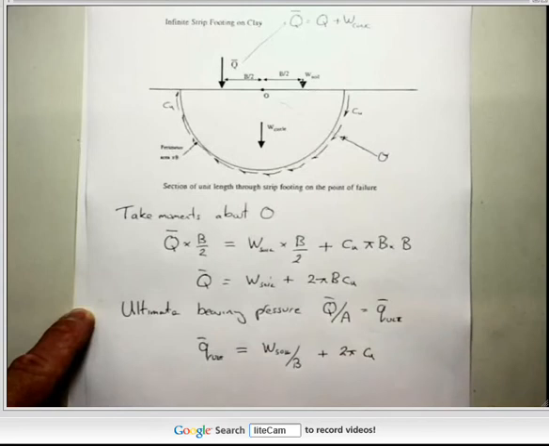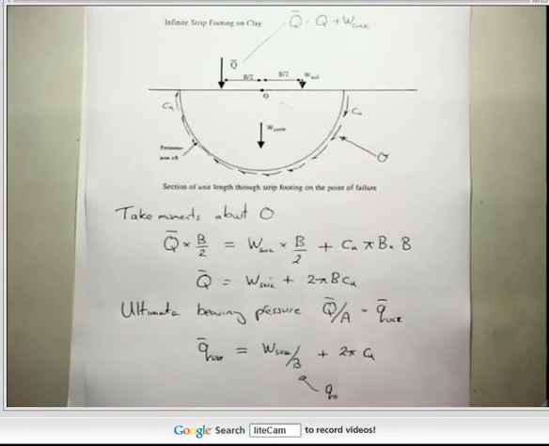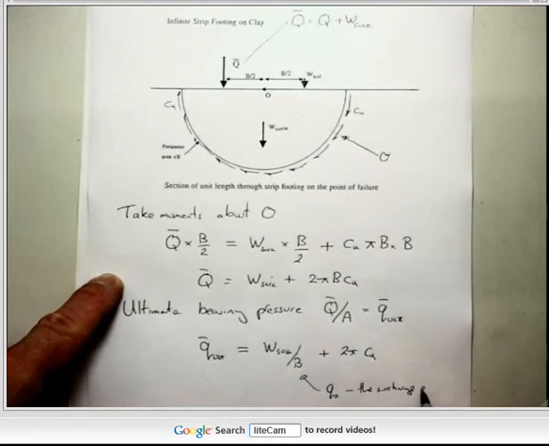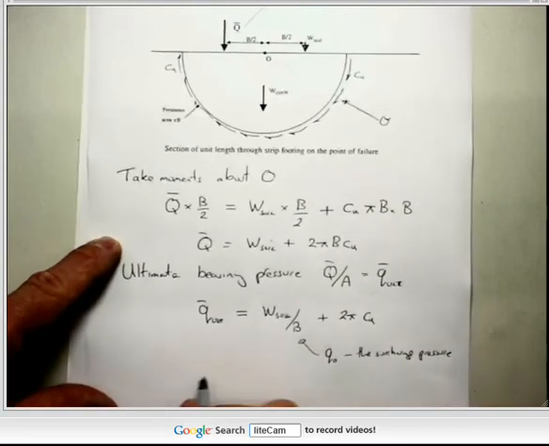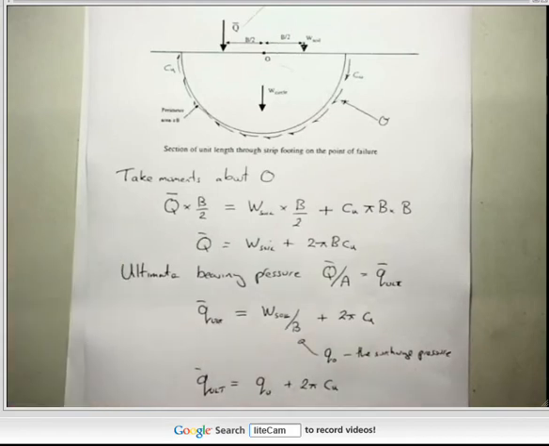And we tend to write this, we call that Q naught, which is the surcharge load, the surcharge pressure, and so therefore we tend to write it as Q ultimate equals Q naught plus 2 pi Cu. And that's the standardized format we tend to write the equation in.